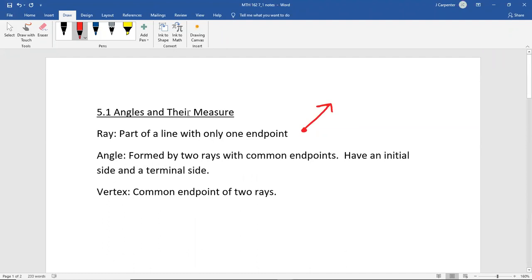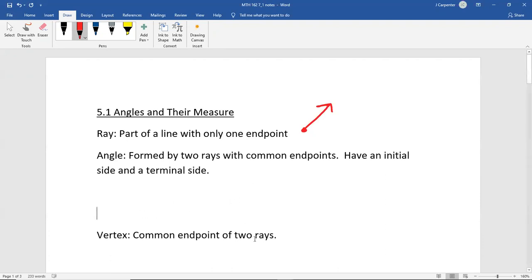You can't really call it a distance, it's just the measure of the relationship of one ray to another based on their positions and how they're opening up. So an angle is formed by two rays with common endpoints. And then we can say that it has an initial side and a terminal side.